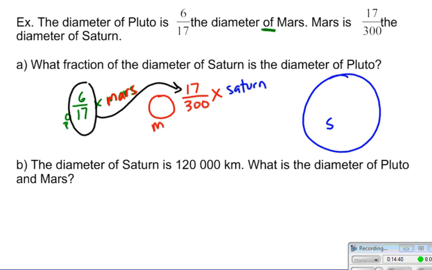And then if we multiply by the next fraction, it will tell us Saturn, basically. That will tell us the fraction ratio. So using the 2 fractions, we're going to multiply them together to tell us what the ratio is between Pluto and Saturn. So we go 6/17 times 17 over 300 to tell us what our new ratio is going to be.